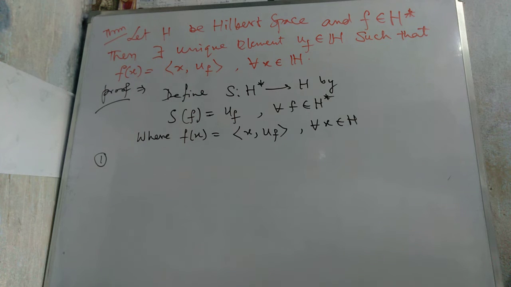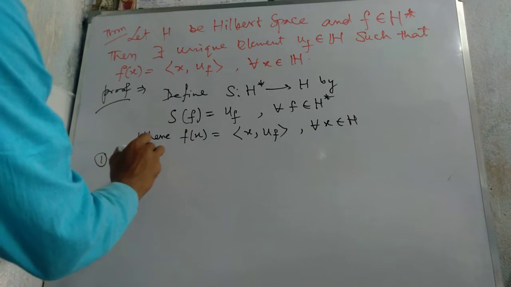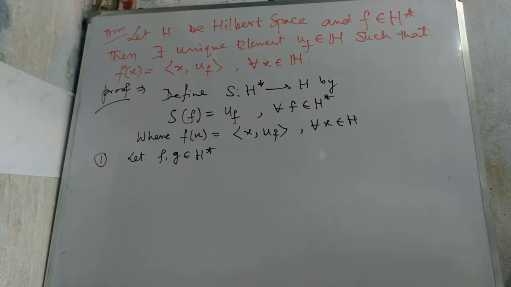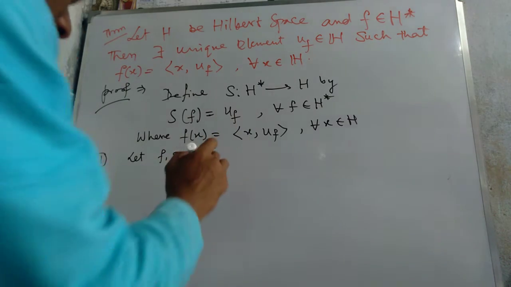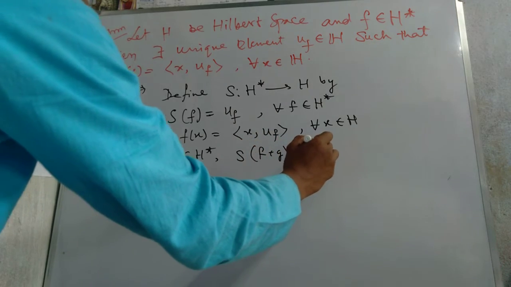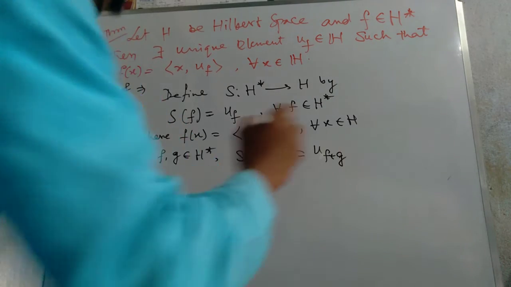What do we see now? Let f and g belong to H star, the dual of H. Then S of f plus g equals u of f plus g.